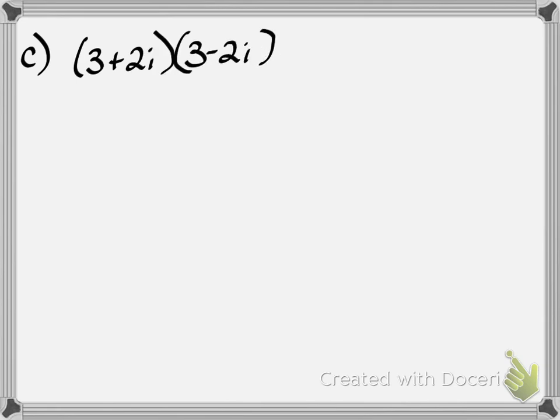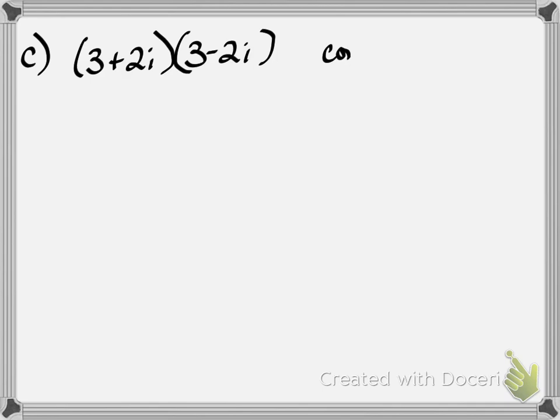C part. What if you have (3 plus 2i) times (3 minus 2i)? We got the name of things that are in this form the other day. It started with the C. I thought I had said it before, but I hadn't actually. These are conjugates.